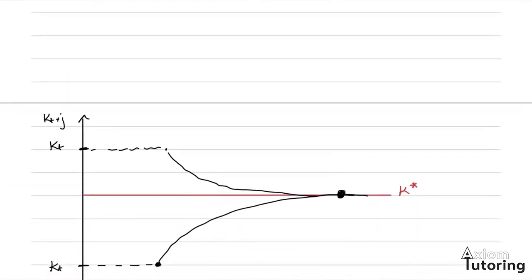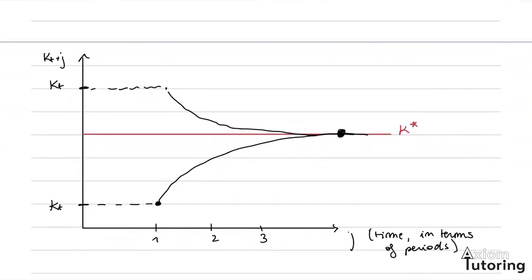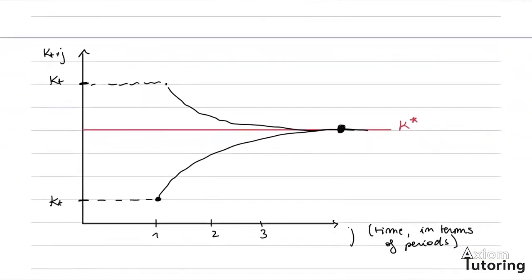There is another way that we can visualize such process with this graph. So in this graph, we are plotting capital in any time ahead of t against the time periods that we are analyzing. So again, the x-axis is time, but in terms of the periods after t. So for example, here we are talking about t+1, here we are talking about t+2, and so on and so forth.